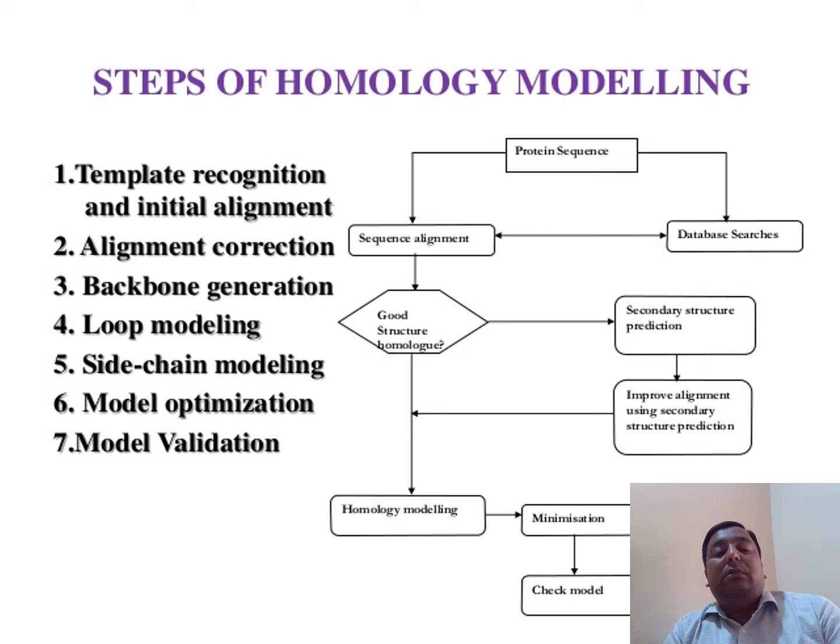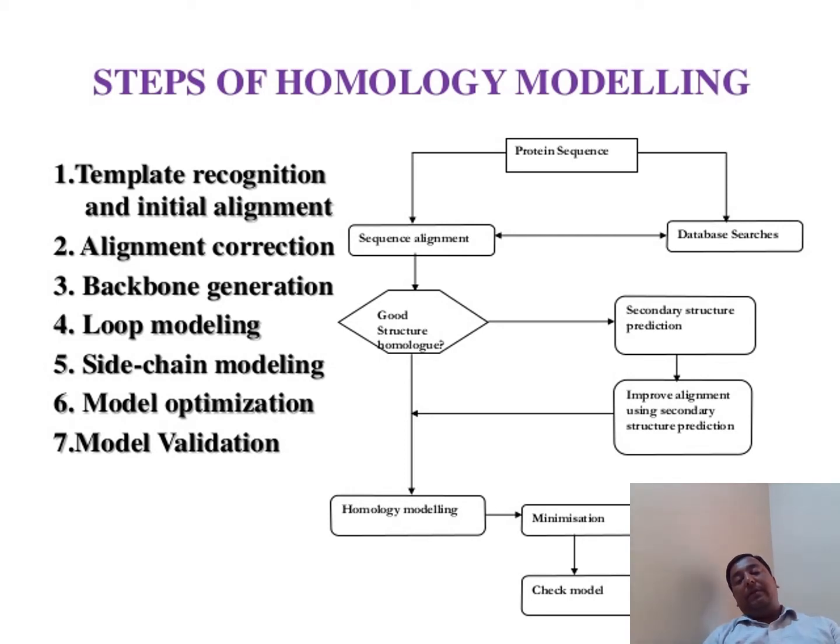So now, some steps are to be followed in the homology modeling approach. Homology modeling is one of the unique approaches used in generating 3D structures of DNA, RNA and proteins. Similar analogy is used, based on similarity search methods.